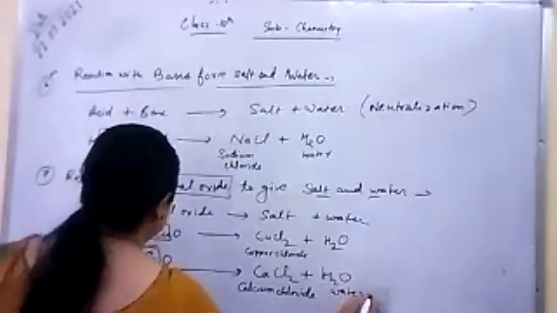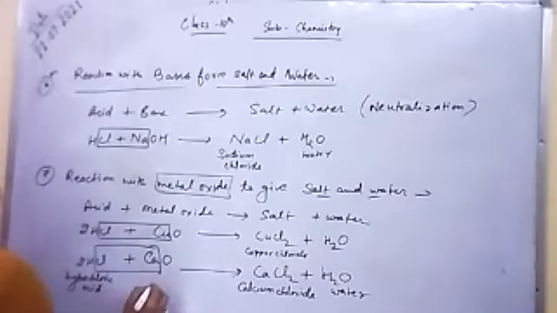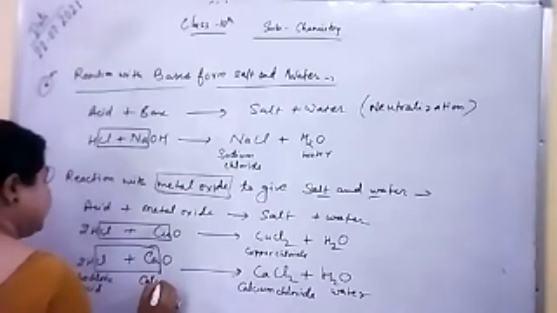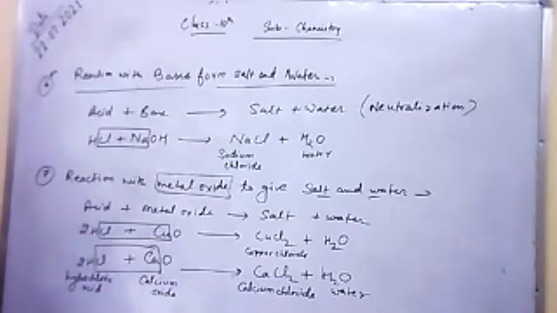And this is water. This is hydrochloric acid. And this is called calcium oxide. Write these reactions or take a screenshot so that you can work in your notebook. For now, you can take a screenshot.